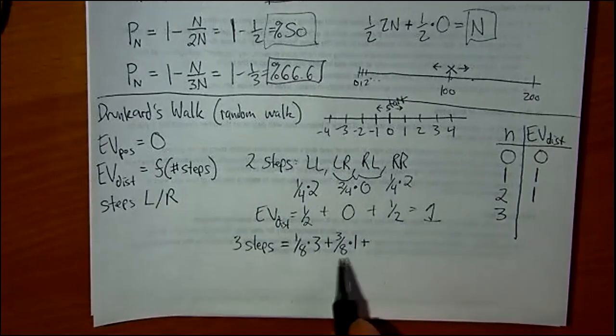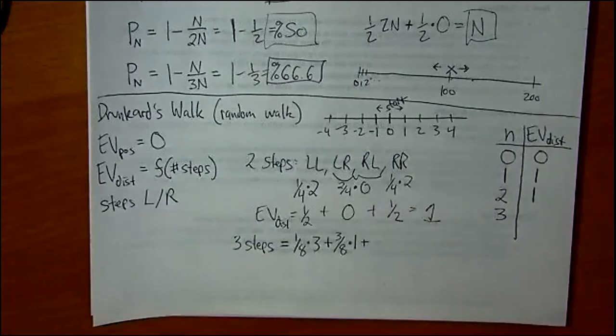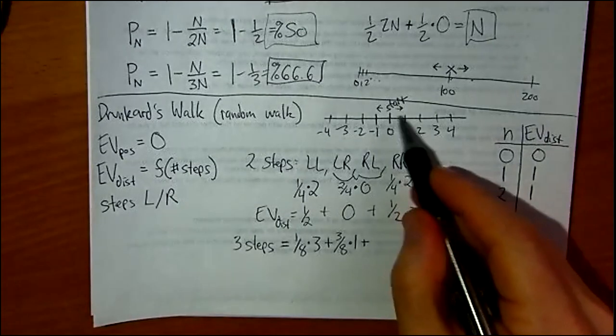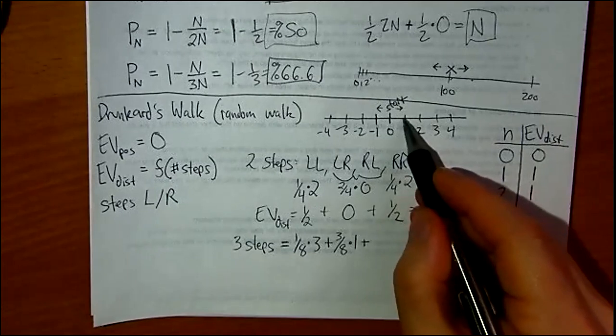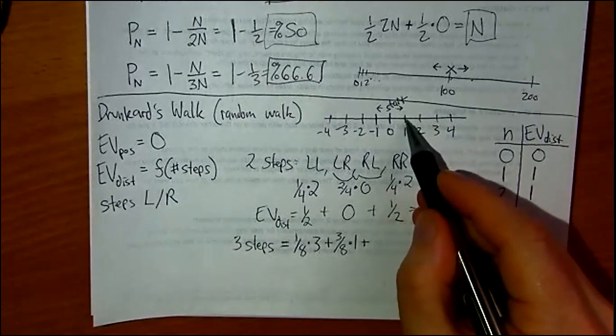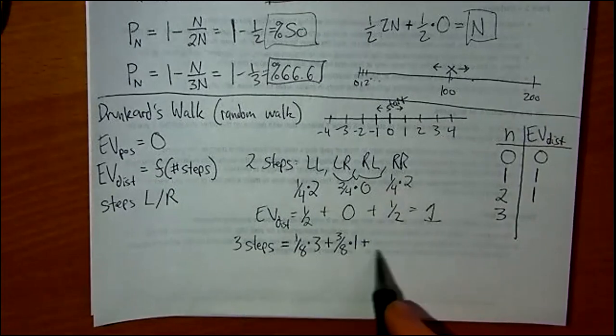Okay, so what else could happen besides ending up at -1? Where else could I end up? +1. Okay, so for +1, I could go right, left, right, or left, right. So 2 rights and a left puts me at +1. So what's my computation going to be for my expected value in that case?